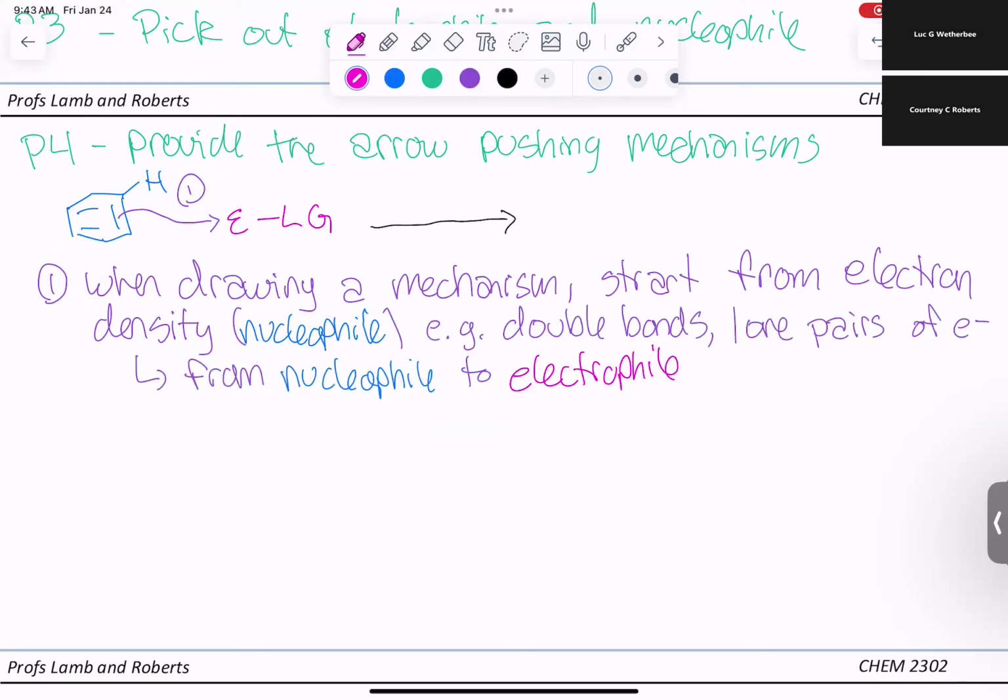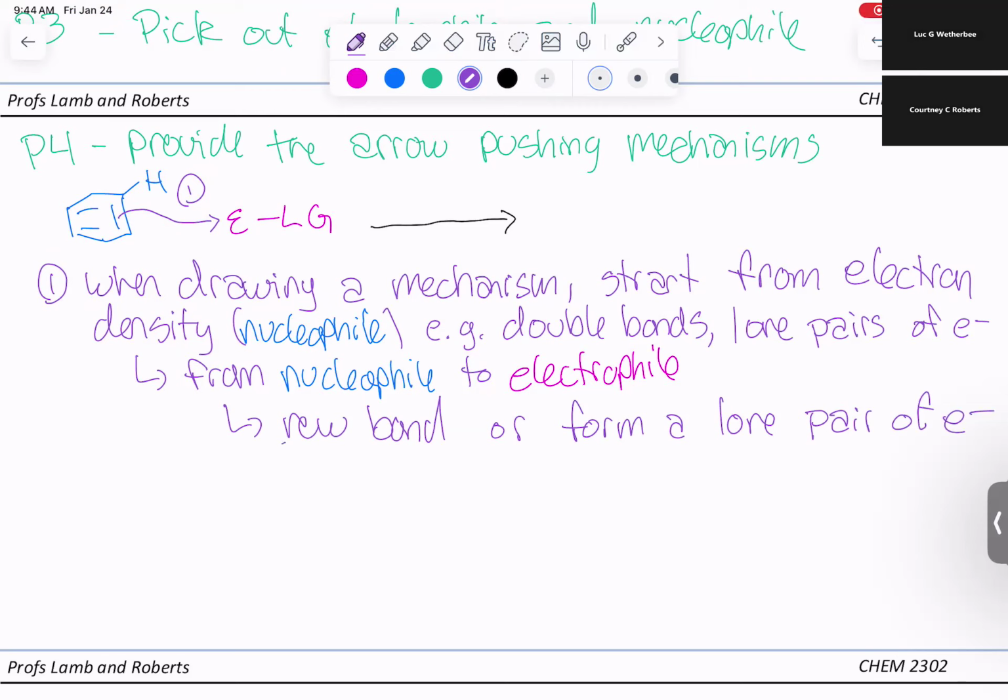Not the other way around, okay? And we get a new bond. Or we form a lone pair of electrons. So in this case, we're forming a new bond.